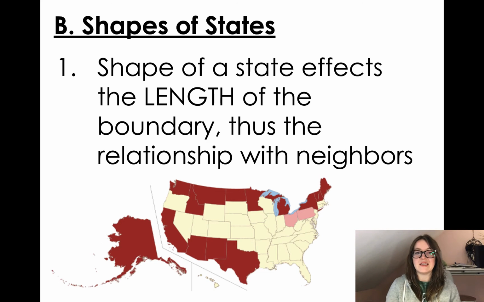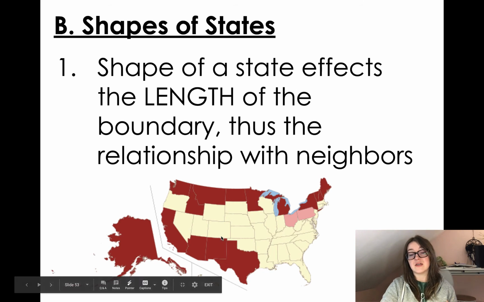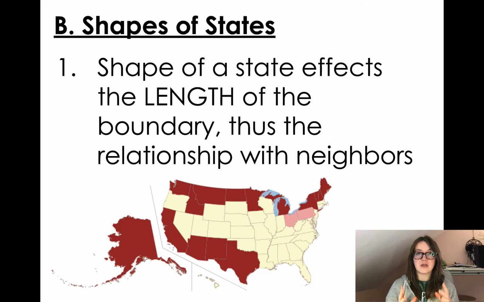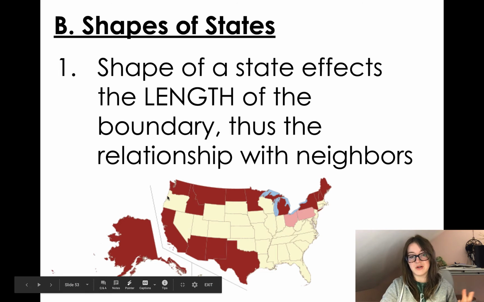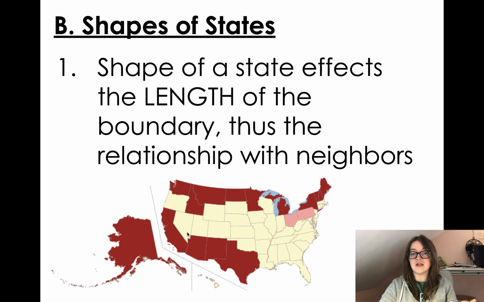All right, so getting into the shapes of states. The way that a state is shaped, and remember, sometimes we're talking about states like in the United States, sometimes we're talking about states like countries, is incredibly important. So whatever that shape is, that's going to affect the length of a boundary and therefore its relationship with its neighbors.